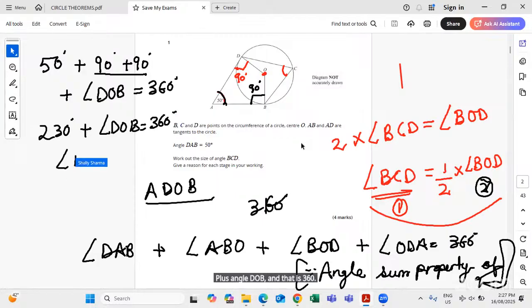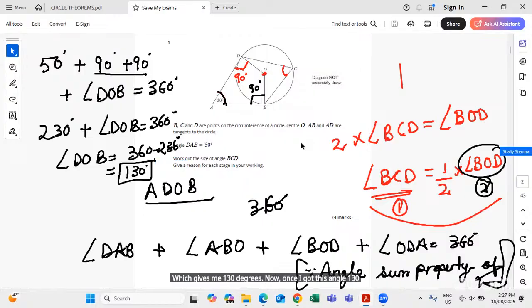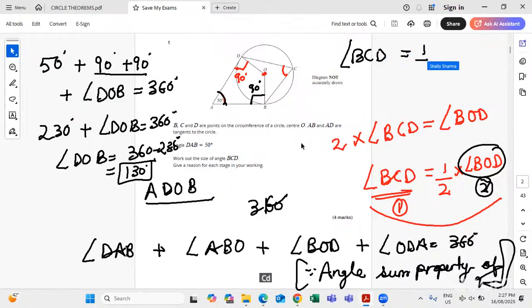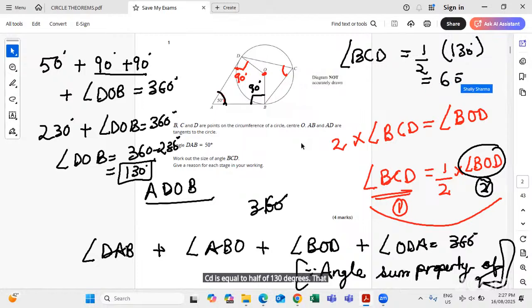So angle DOB is 360 take away 230, which gives me 130 degrees. Once I have this angle of 130, I can say that angle BCD is half of 130 degrees, that is 65 degrees. And hence our question is solved.